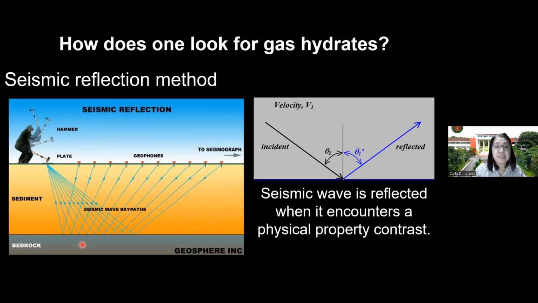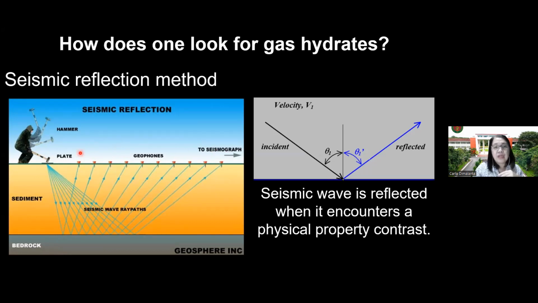So obviously, for example, here, the density of sediments in the overlying layer is going to be different than the density of the bedrock in the deeper layer. So because there is a density contrast, then that is going to cause the seismic waves that are traveling to be reflected back to the surface. So travel, travel, travel, back to the surface.